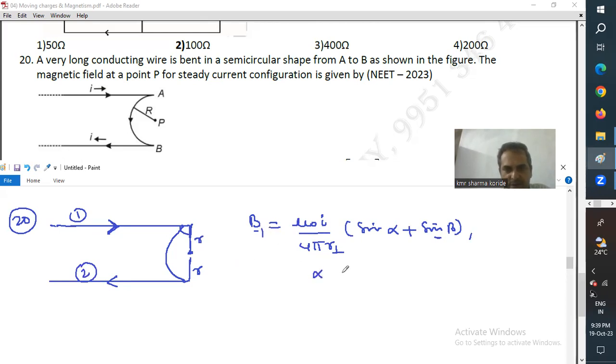If alpha is 90, beta will be infinity. For the third case, this straight conductor is the same. Mu naught I by 4 pi R perpendicular.